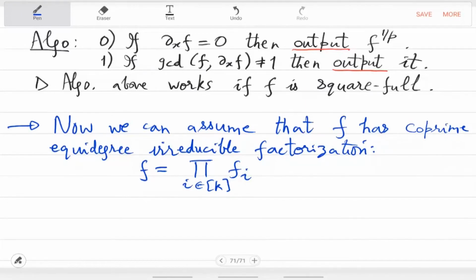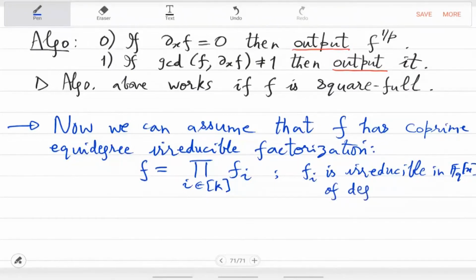So, say f has k such factors, and fi is irreducible in this polynomial ring, of degree how much? They all have equal degree and f has degree d, so it's d by k.